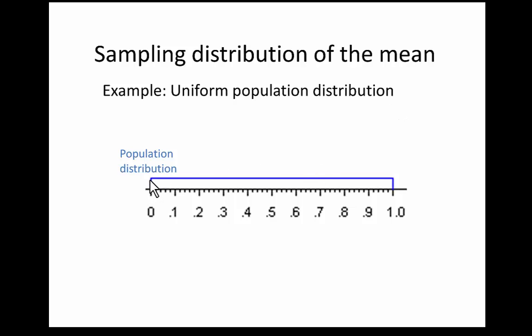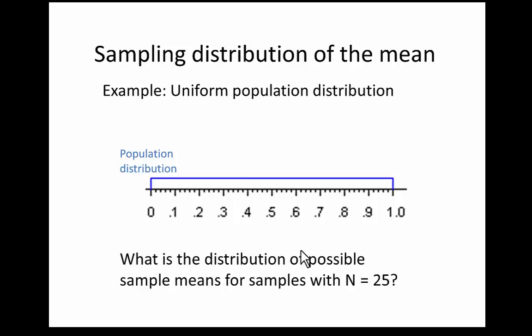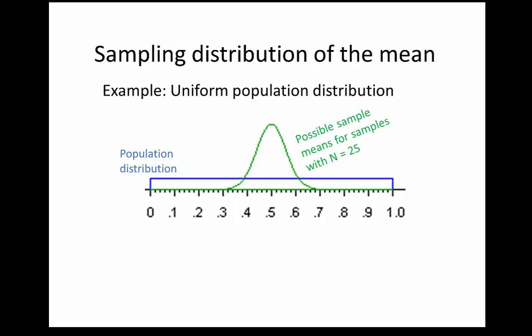This is a flat distribution, a rectangular distribution, a uniform distribution, where the scores are distributed evenly from 0 to 1. But if we were to draw 25 scores randomly from this distribution and find the mean, that mean would come from an underlying distribution which is in fact close to normal. This is a distribution of possible means for samples with size 25.